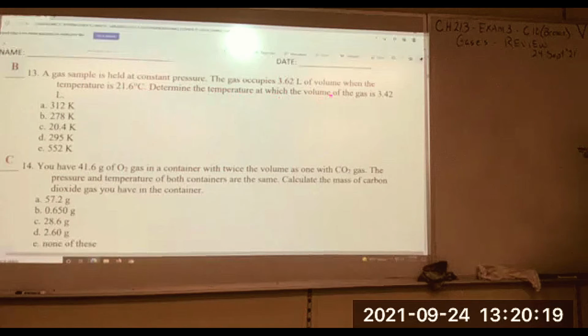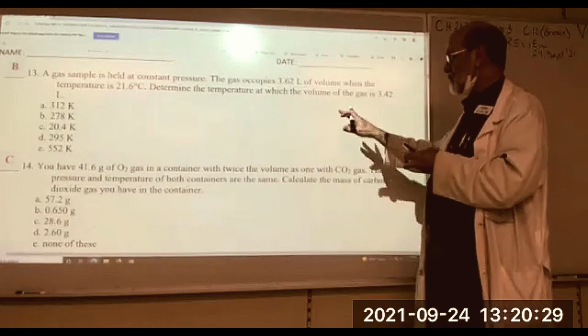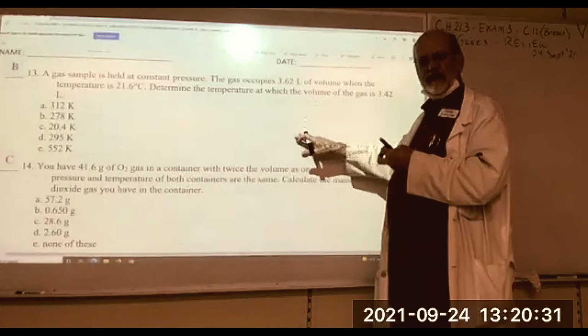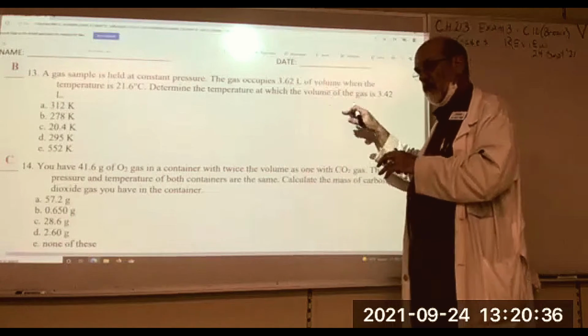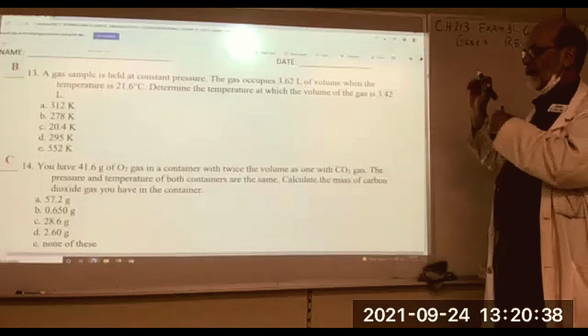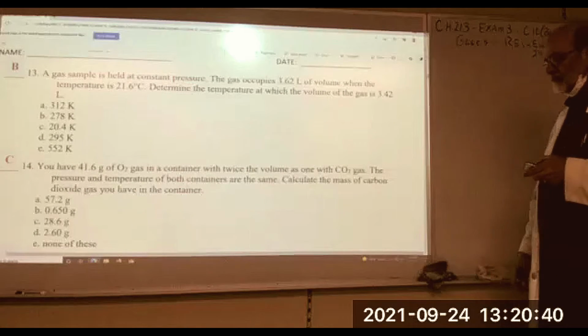Determine the temperature at which the volume of gas is 3.42. Okay, so now you have two volumes and one temperature. So set it up so that you've got your VI, TI, VF, TF set up. You put those numbers in there and say, okay, now I know where the numbers are supposed to go. Solve the equation.